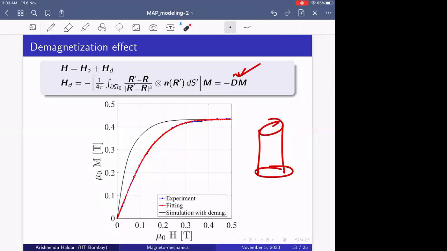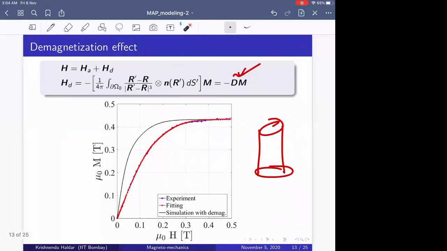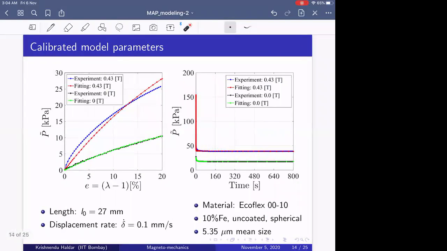This is what we got after the demagnetization correction: it shifts in a very prominent way from the experimental fitting. We solve a bunch of coupled equations and got the correction. Once we have this corrected M-H relation, we go next to calibrate our other parameters. So we now have corrected parameters for the magnetization response.